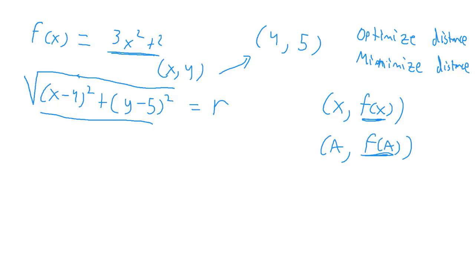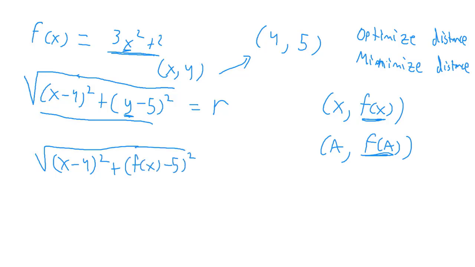So at some point x, we can replace y with f of x, and we get the square root of x minus 4 squared plus f of x minus 5 squared equals r.